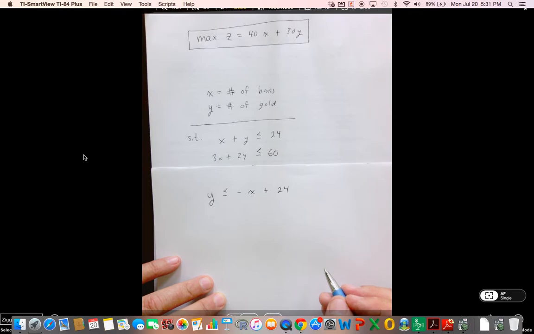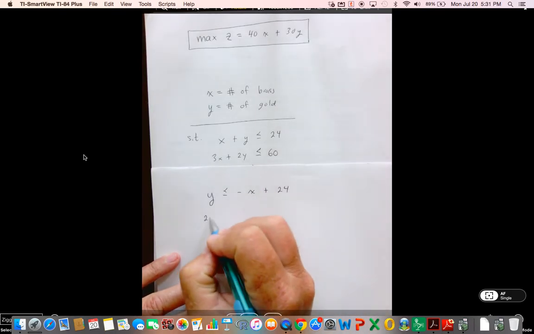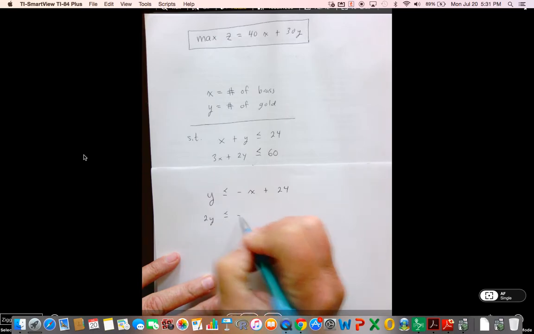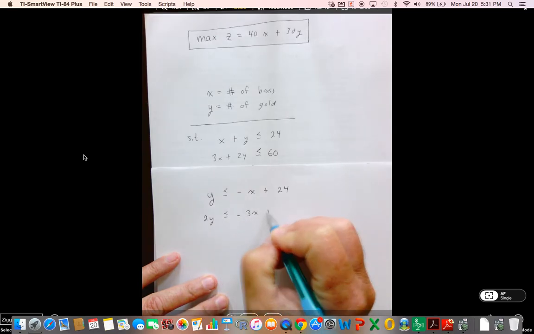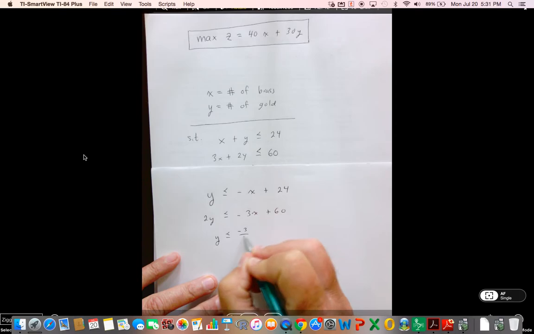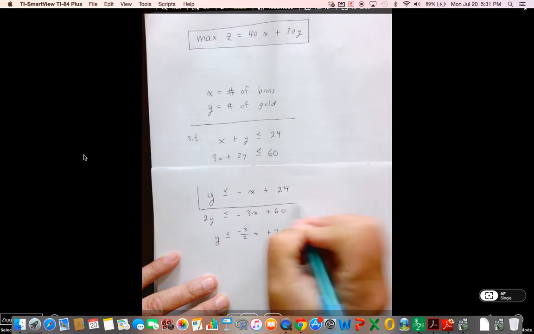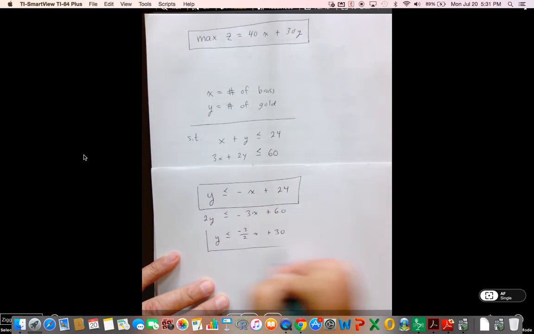I see that this one is going to end up as 2y less than or equal to negative 3x plus 60, which I'll end up dividing everything through by 2.